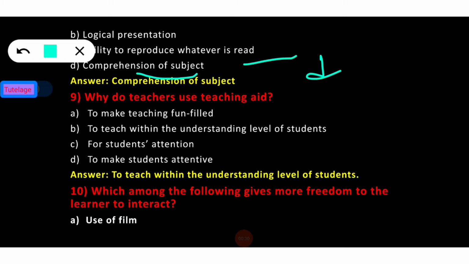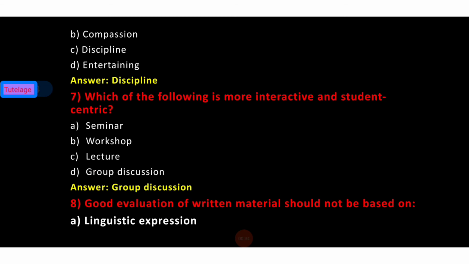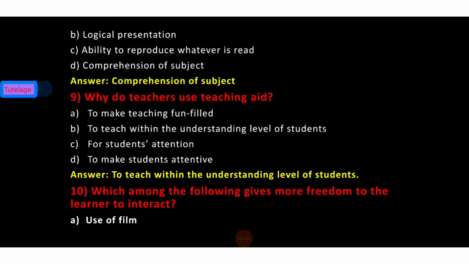Comprehension of subject, logical presentation, ability to reproduce whatever is read, and linguistic expression are all basic features of written material. So good evaluation of written material should be based on linguistic expression, ability to reproduce whatever is read, and logical presentation.